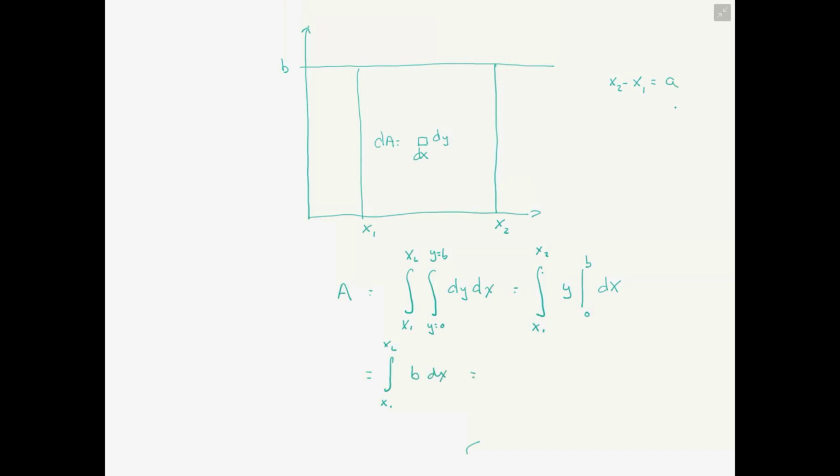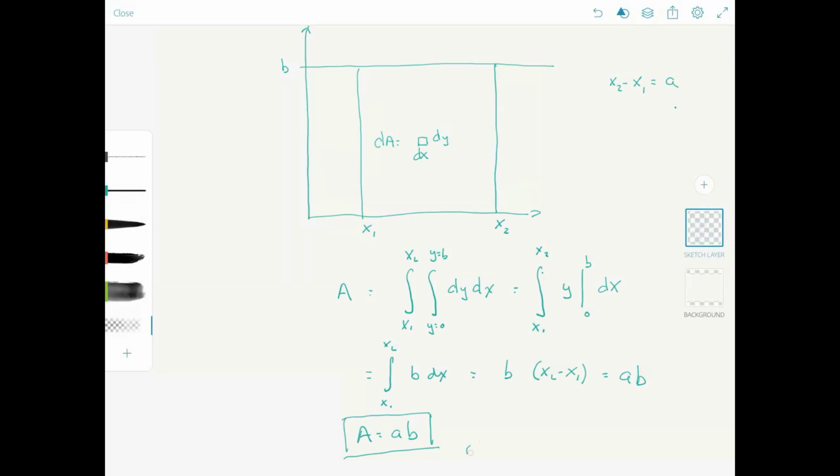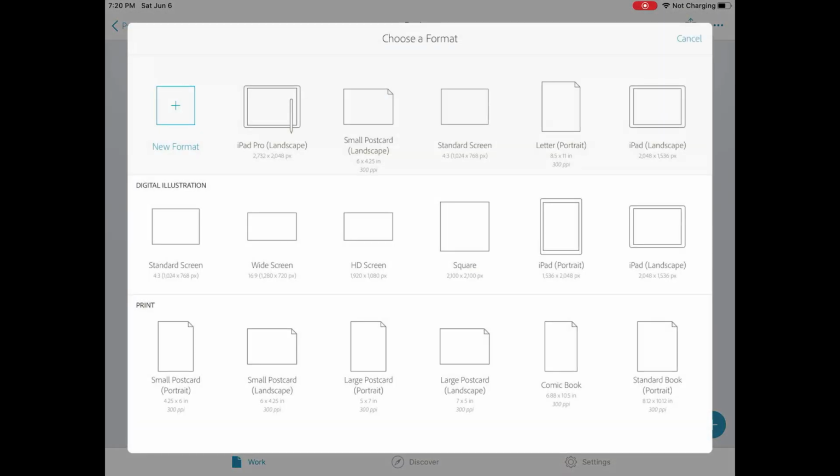We have b dx, and that is equal to b times x evaluated between x2 and x1, and x2 minus x1 is a, so the area of the rectangle is a times b. So we've proven using double integration that the area of a rectangle is simply the width times the height.